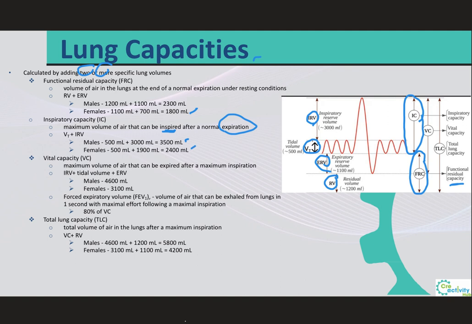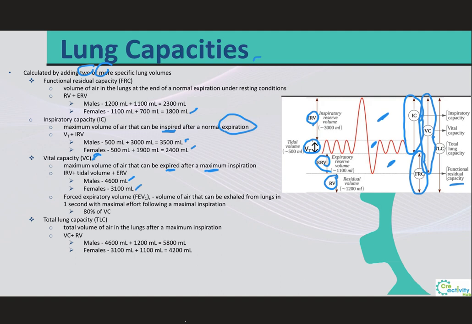Next, we have what we call the vital capacity, which is going to be the maximum volume of air that can be expired after a maximum inspiration. So this will be equal to the sum of the inspiratory reserve volume, the tidal volume, and the expiratory reserve volume. And for males, this will be 4,600, and for females, it will be 3,100.